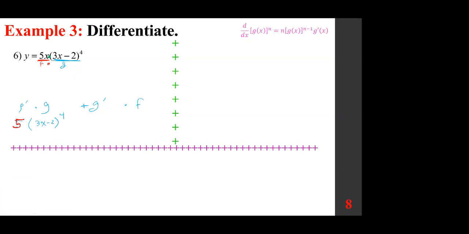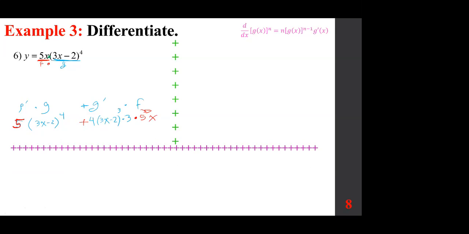Plus g prime: 4 times 3x minus 2 cubed times 3 by the chain rule, times 5x by the product. I hope you see how we are combining this stuff together, okay?